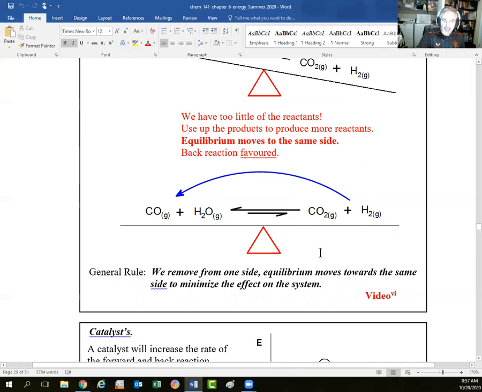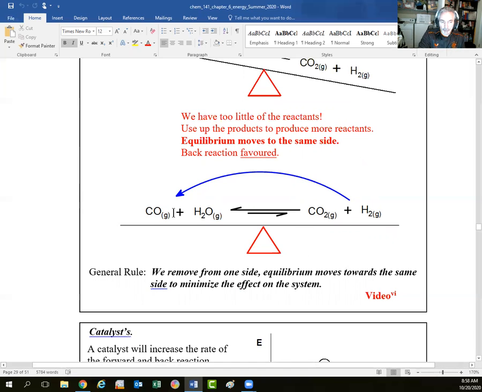And so this gives us a second law for Le Chatelier, which tells us when a chemical is removed, the system compensates by moving towards the chemical. Add a chemical, move away from it, remove a chemical, move towards it.